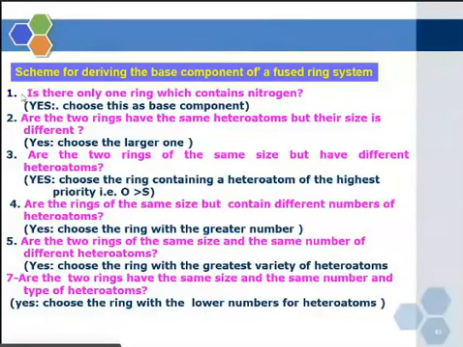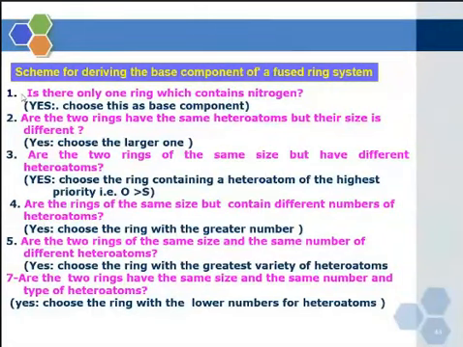If yes, choose this as the base component. If there are two rings and they have the same heteroatoms, but their size is different, then the larger one should be preferred as the parent chain.